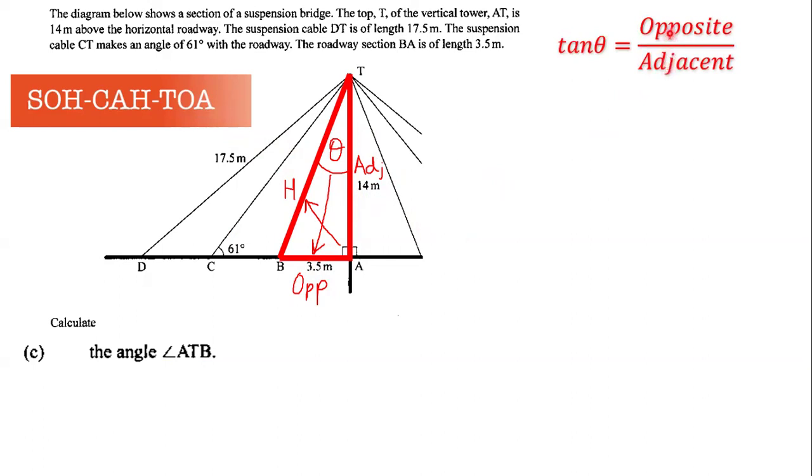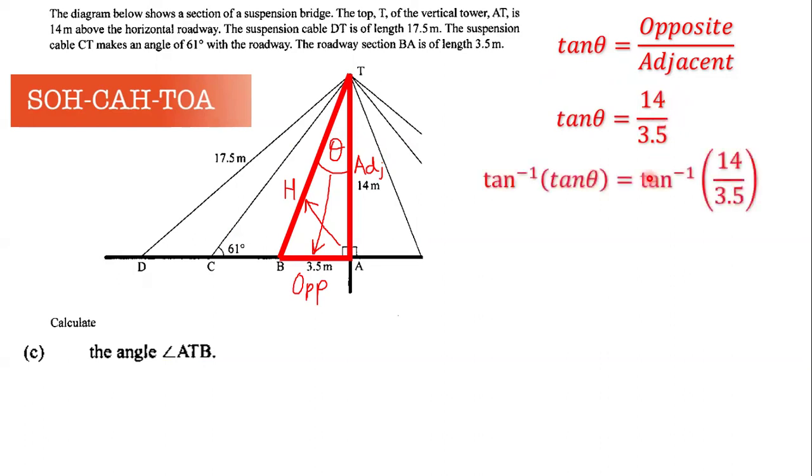And so we have the opposite, which is 3.5. We have the adjacent, which is 14. And theta is what we're trying to find, that angle. And so we substitute: tan theta is equal to 3.5 over 14, and we're going to apply tan inverse to both sides.